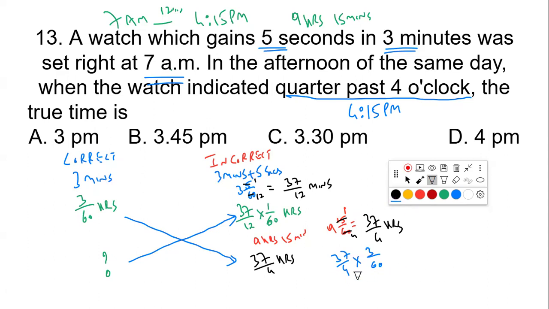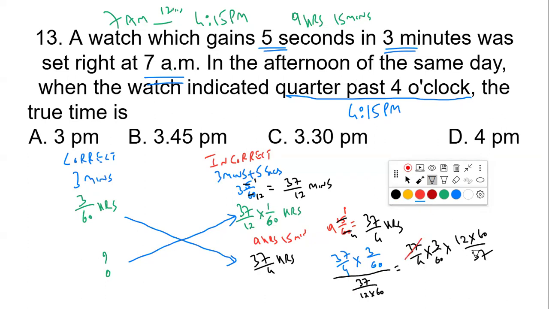divided by, please see, the whole thing will be divided by 37 by 12 into 60. In the next step, what do you do? 37 by 4 into 3 by 60 multiplied by the reverse, 12 into 60 by 37.